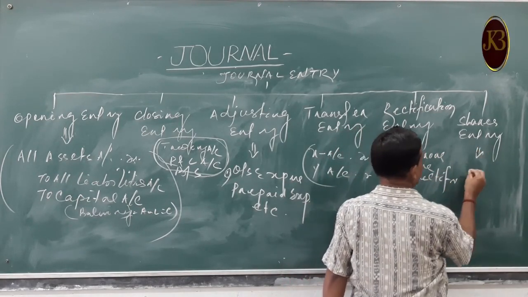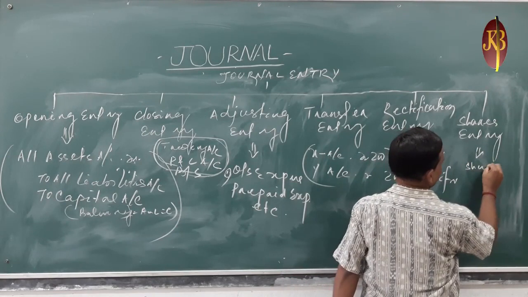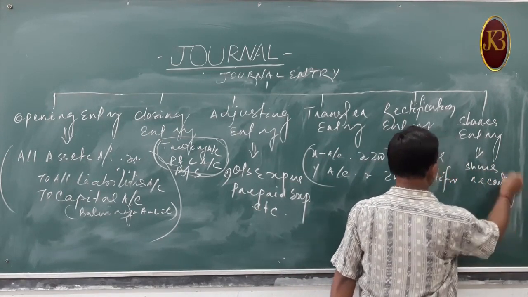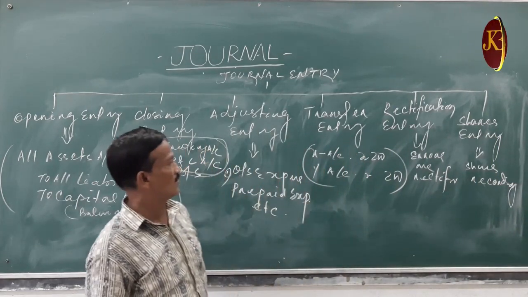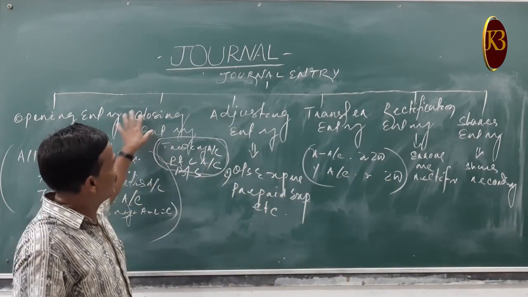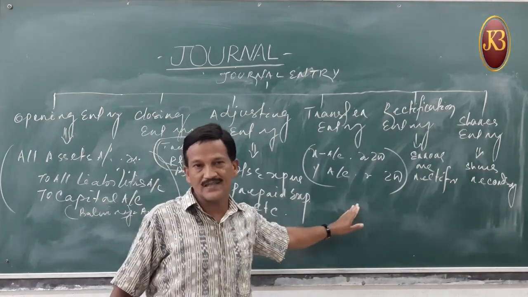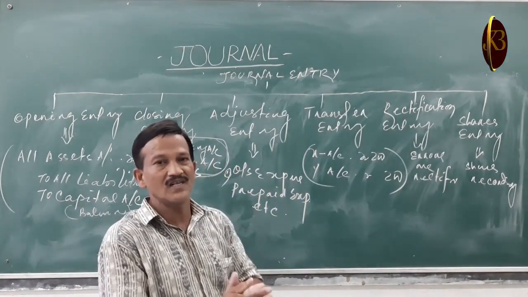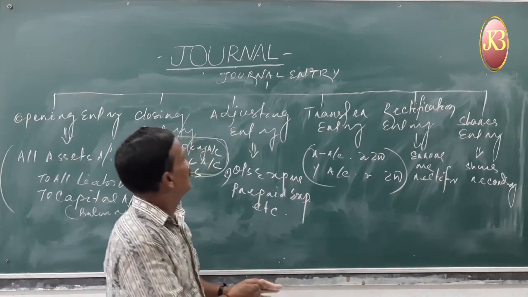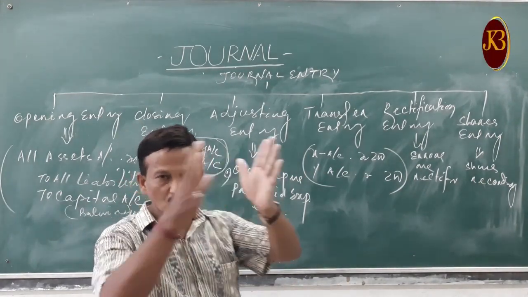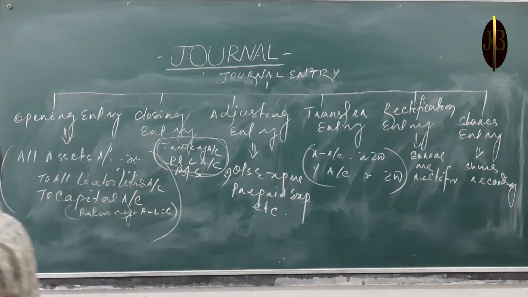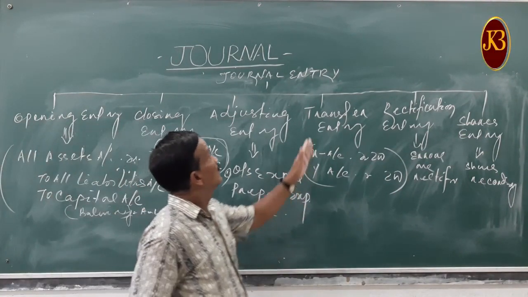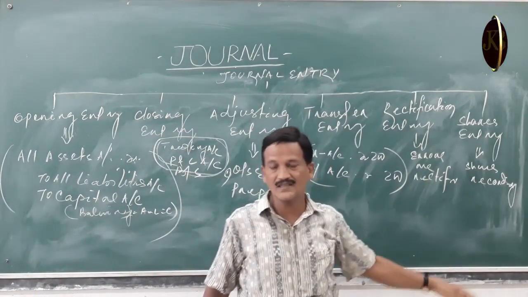This is for shares recording in the books of accounts. This is called share entries. So these are the various types of journal entries to be done in the recording of the books of accounts, and the journal is to be classified into two books. So this is called types of journal entries.